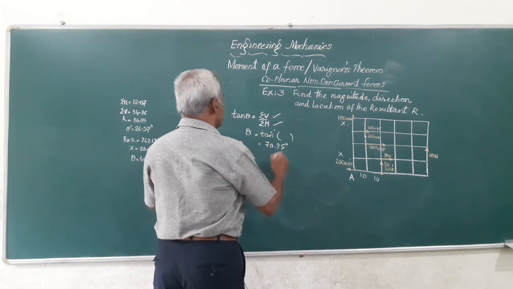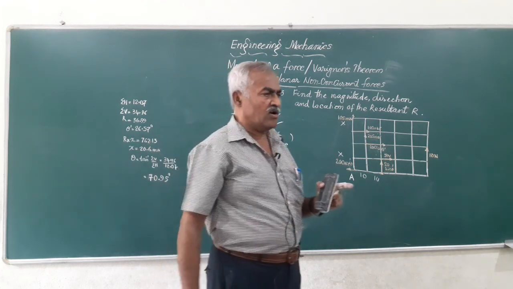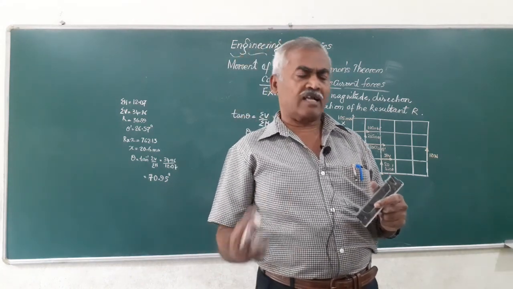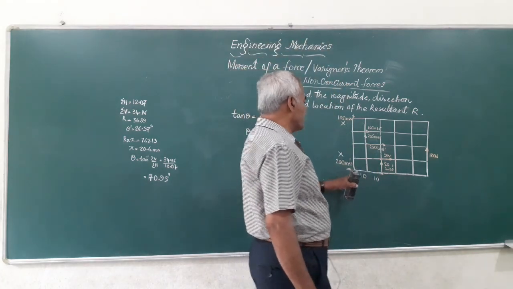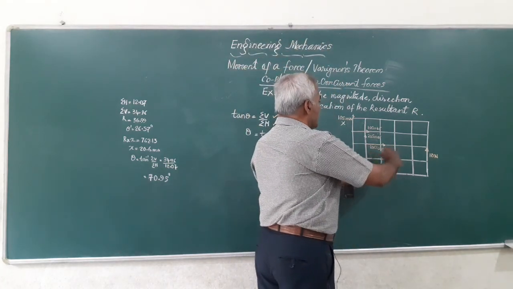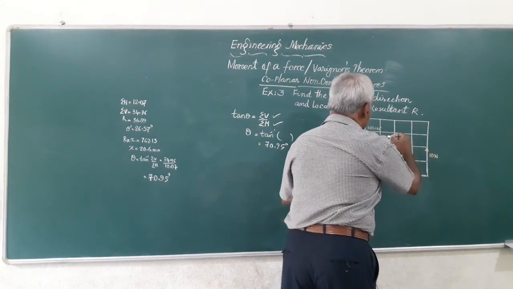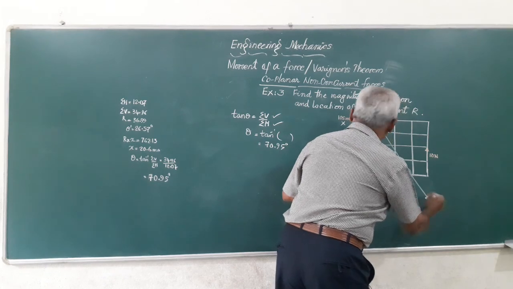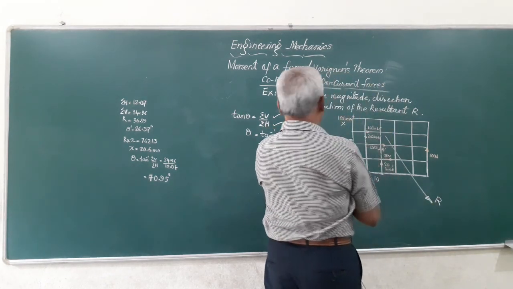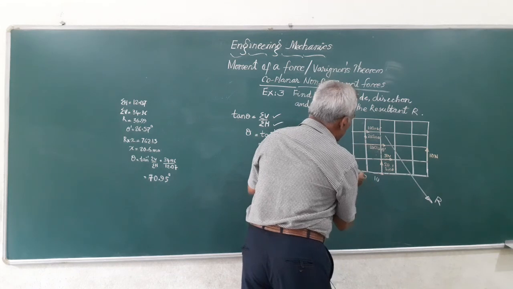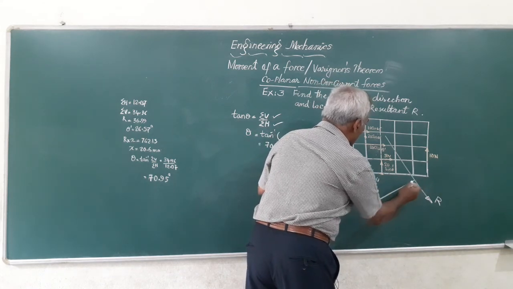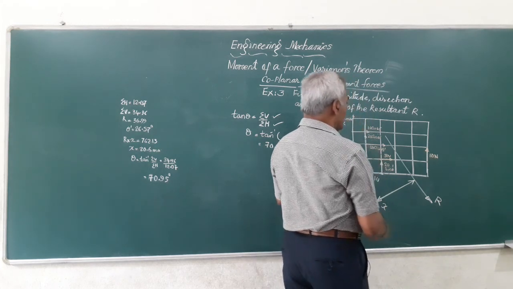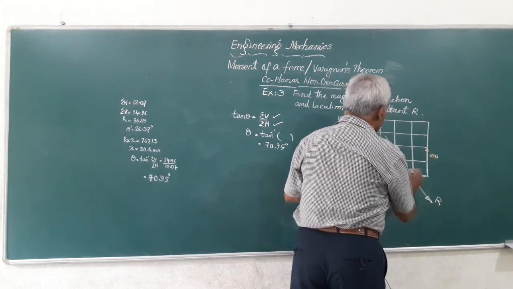70.95 degrees. So friends, you are getting a positive value, that is the resultant is giving you a clockwise moment. Clockwise moment from A means it should act somewhere here at an angle of, I will write down here, this should be the resultant of magnitude which I gave there, 36.99, and it should act at a perpendicular distance of x, and the angle at which it is inclined is this angle.